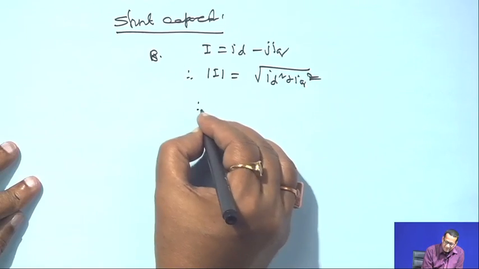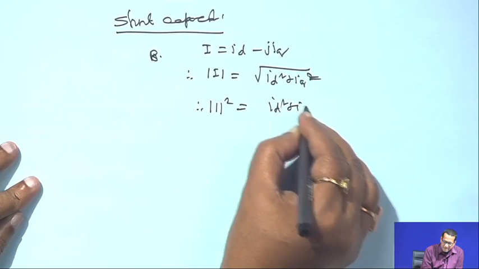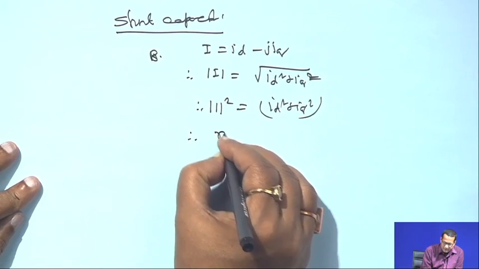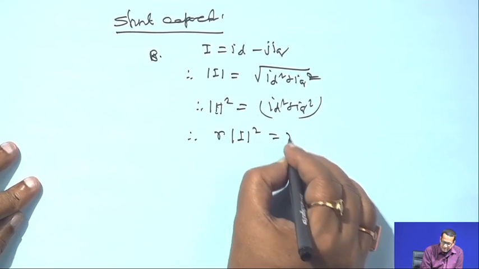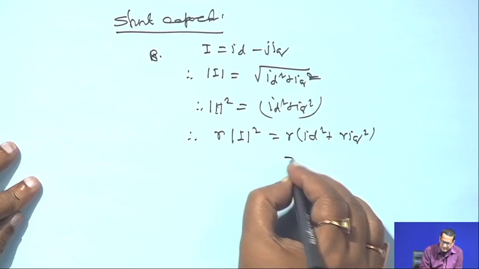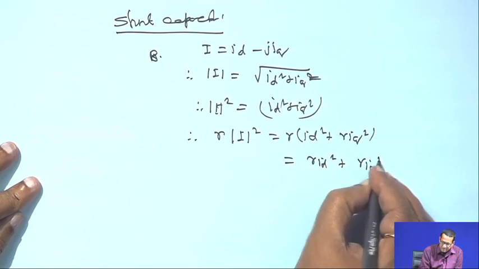That means I square is equal to I d square plus I q square, and the real power loss, multiplied by R, so R I square, is equal to R into I d square plus R I q square.